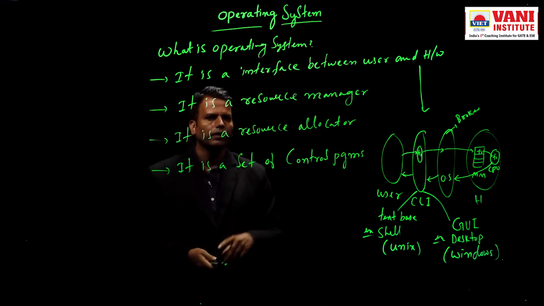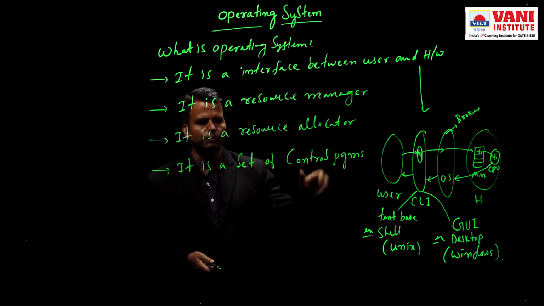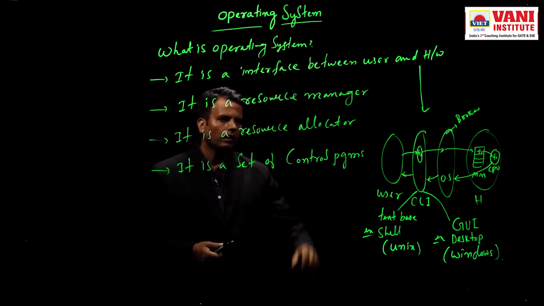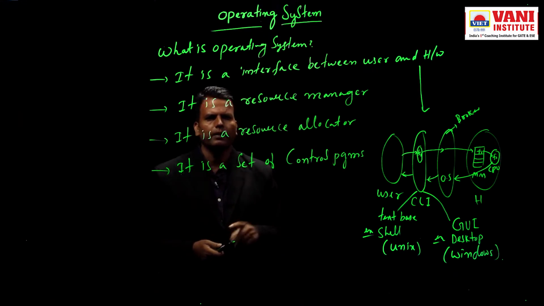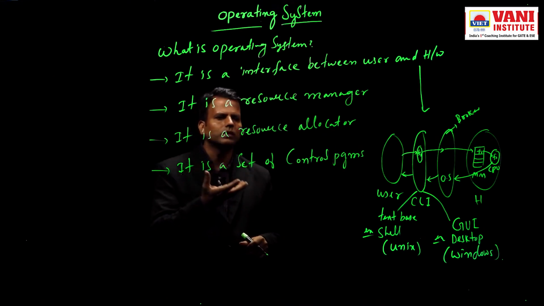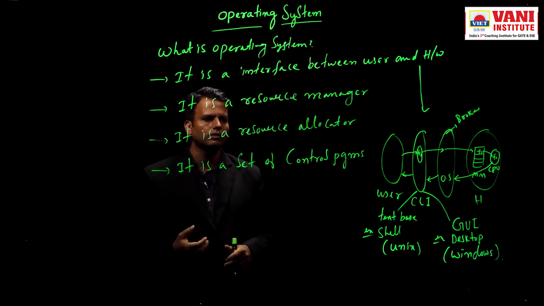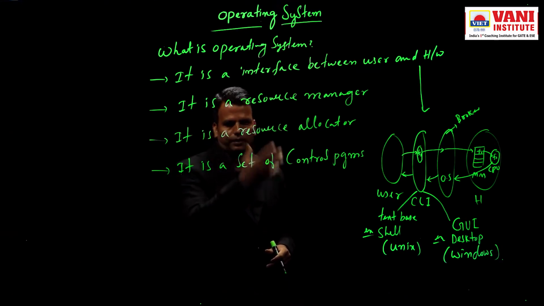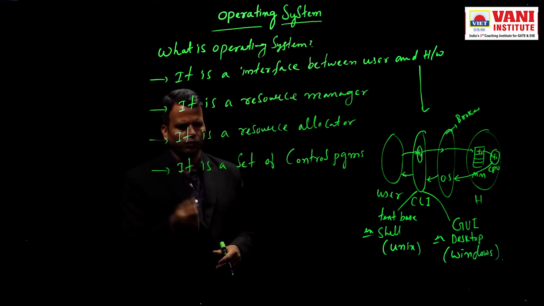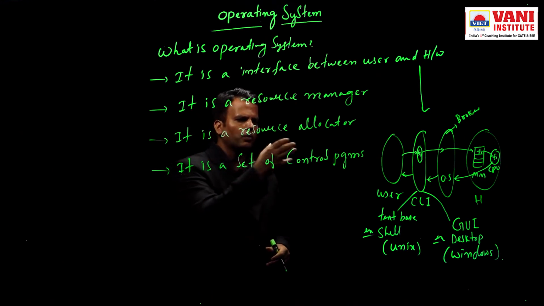The operating system. Now, if you want to schedule any process on CPU, then who will allocate the CPU to the process? The operating system. So since CPU is one resource, memory is one resource, hard disk is one resource, that's why it is called a resource allocator also. Okay, now let's see the fourth one. It is a set of control programs.